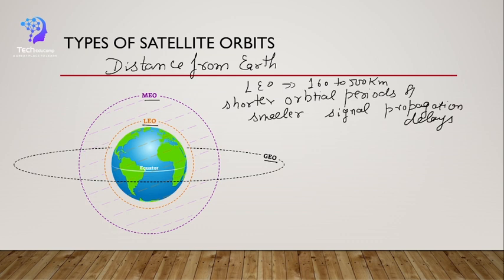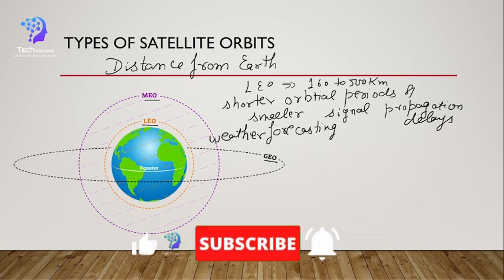So the applications of these LEO orbits are weather forecasting and many others which fall into this category. Because the orbital periods are small, we have to launch multiple satellites into this orbit.